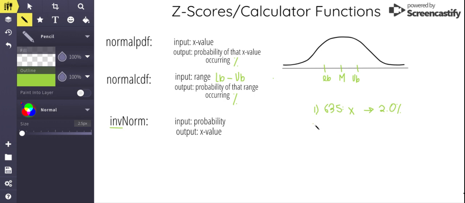All right, so let's go ahead and look at number 2, normal CDF. An example problem of that would be, let's take a look at this problem. The average sugar in 23 kinds of cereals is 7.6 grams of sugar per serving, with a standard deviation of 4.5 grams.